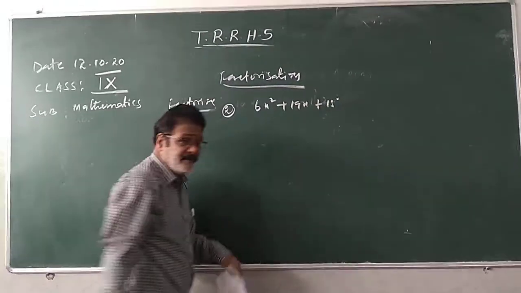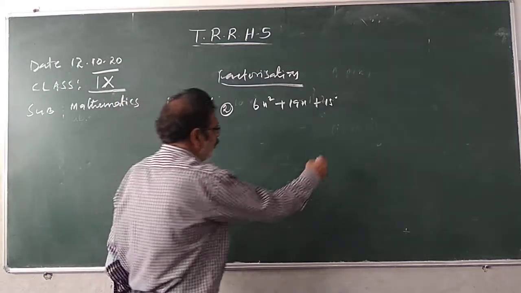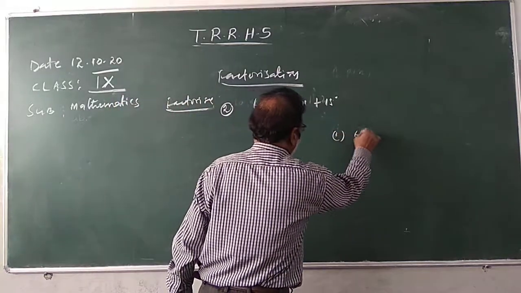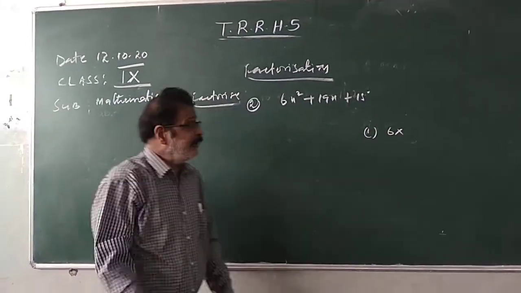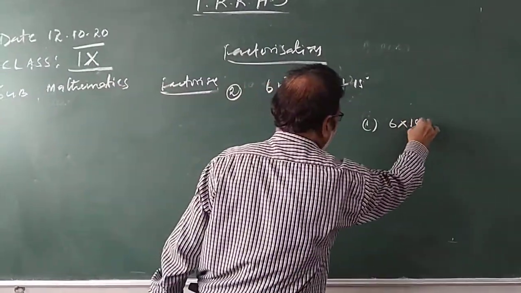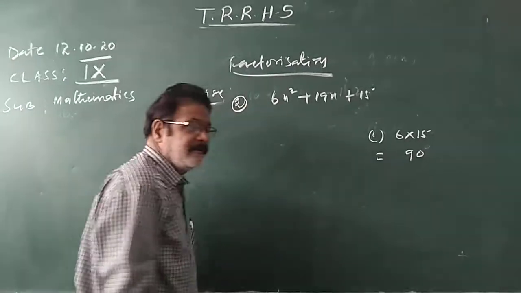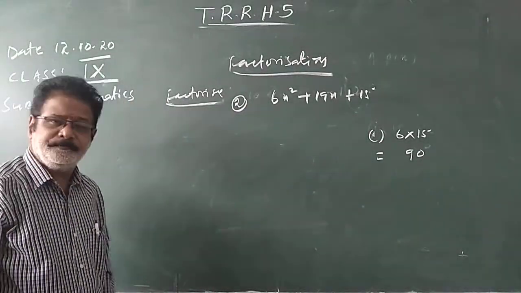How to factorize this? The same rule. In the factorization, you have to multiply the second degree coefficient and the constant. The second degree coefficient is 6 and the constant is 15. 6 times 15 is 90.